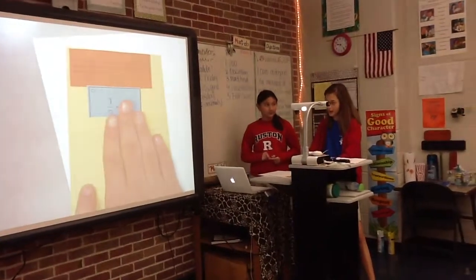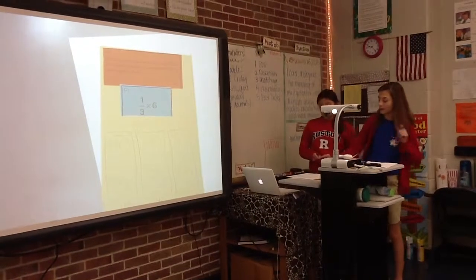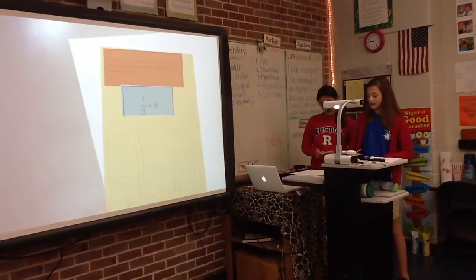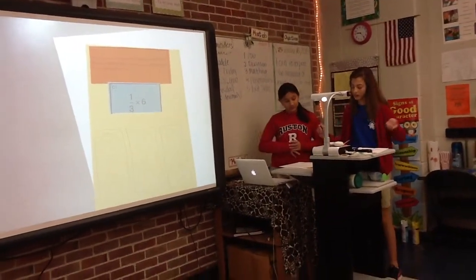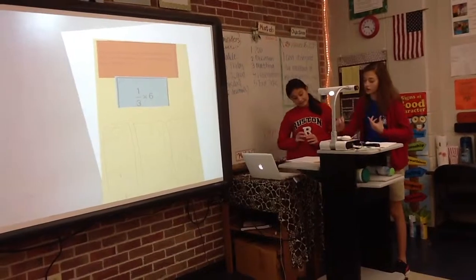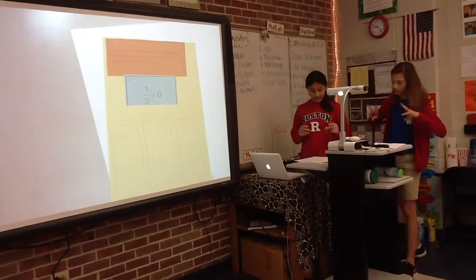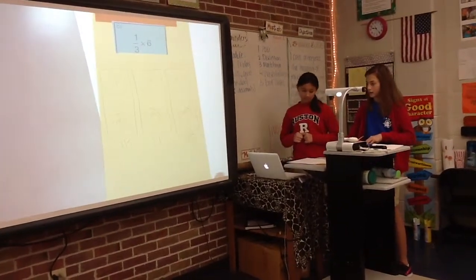We just drew out our 6 pizzas. So we drew 6 circles and put a P to represent pizzas, and then we just boxed them, because it said you have your 6 pizzas and they have to be equally divided into 3 boxes.